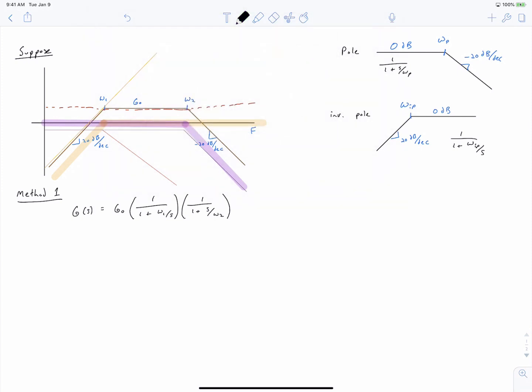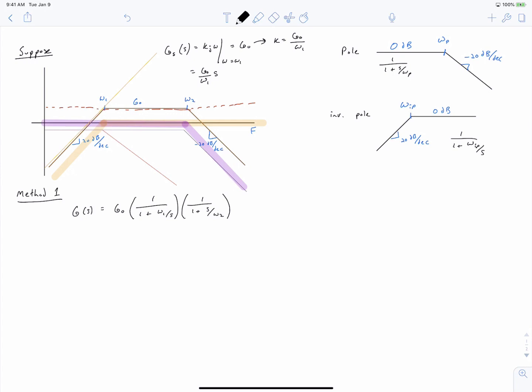So the transfer function for this is, when we want this transfer function at a frequency of omega equals omega 1 to be equal to G0, which tells us that K is equal to G0 divided by omega 1, which means that this thing is G0 over omega 1 times S.